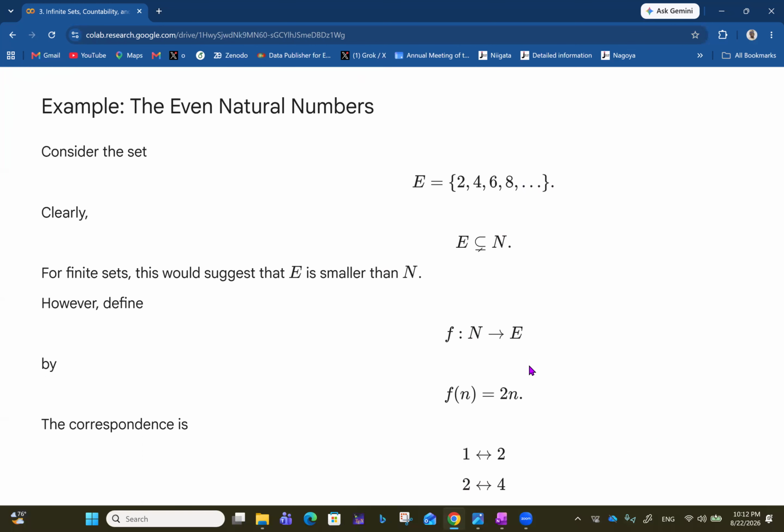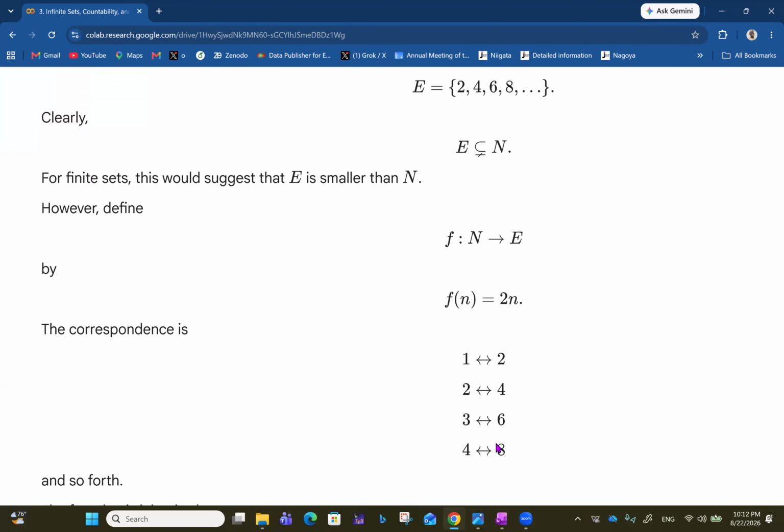Now, talking about even natural numbers, consider the set E, which is equal to 2, 4, 6, 8, and so on. Clearly, the set of even natural numbers is a proper subset of the set of natural numbers. For a finite set, this would suggest that E is smaller than N. However, if we define f to map the set of natural numbers to even natural numbers by f of n equals 2n, the correspondence is this: the first element is 2, the second is 4, the third is 6, the fourth is 8, and so forth.